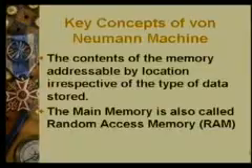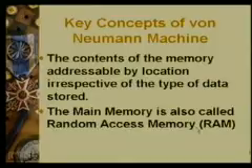Is there any other typical thing before we start detailing the instruction execution paradigm? Yes, there is one more aspect: the contents of the memory are addressable by location, irrespective of the type of data stored, and the main memory is also called random access memory.